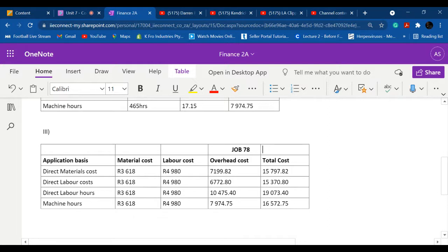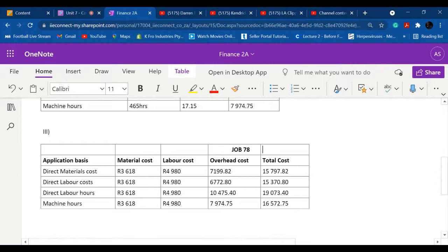Then they tell you that this is the base, so you know then you're going to need to divide that budgeted manufacturing overheads by the direct labor hours, so that you can then get your rate. Once you get your rate, you then need to times by the number of labor hours anticipated for this job or this product. You'll then get this overhead cost, all right?